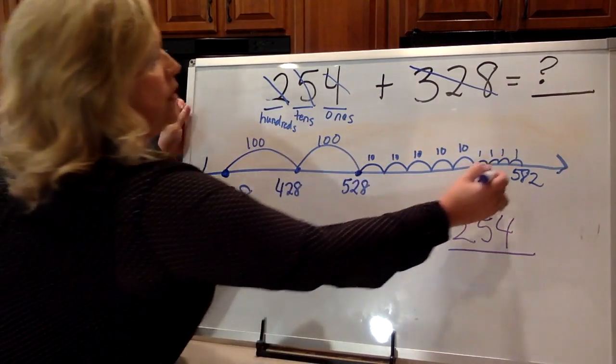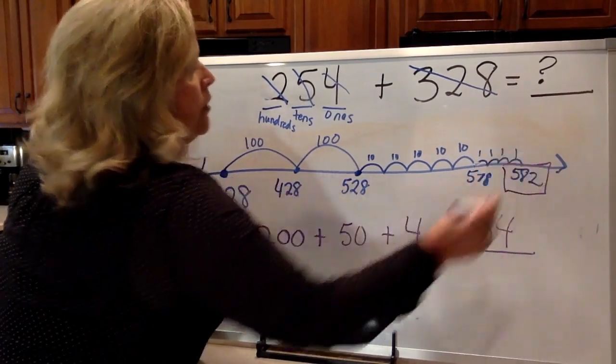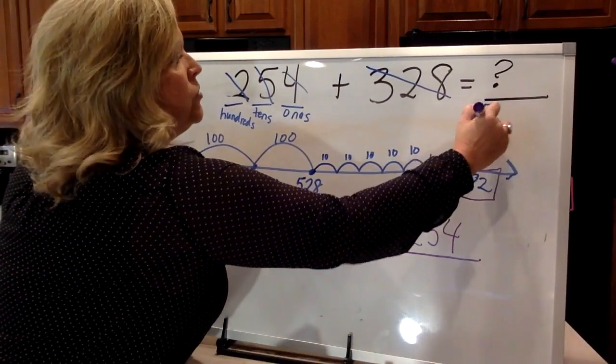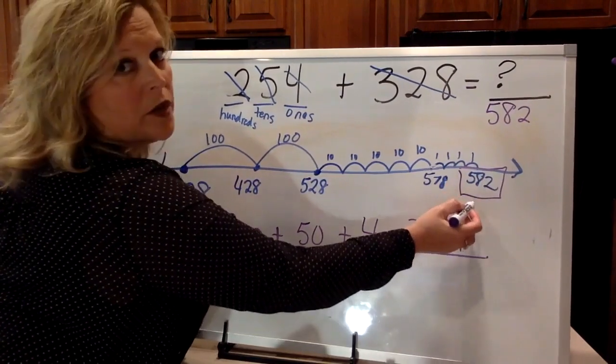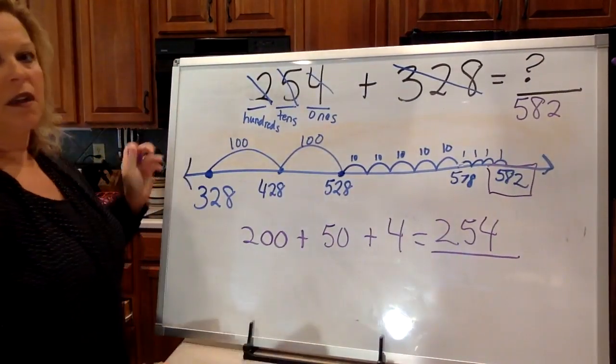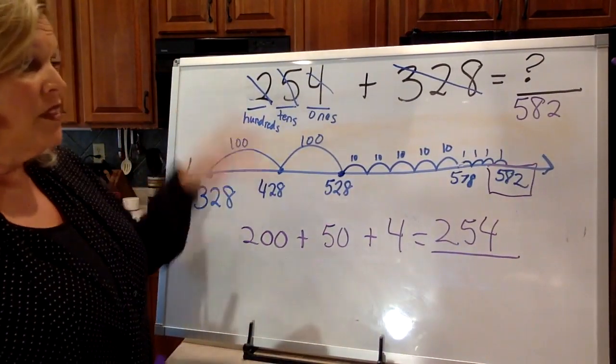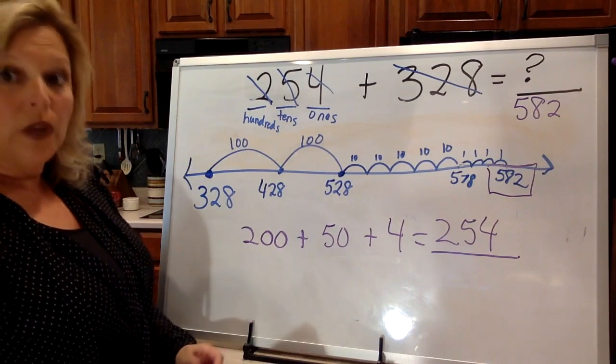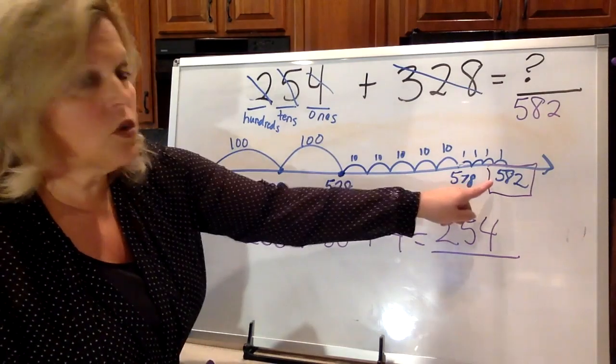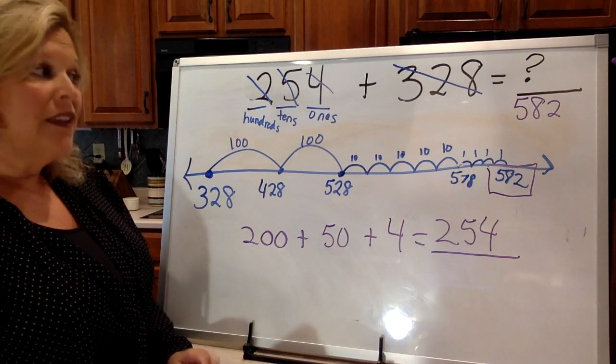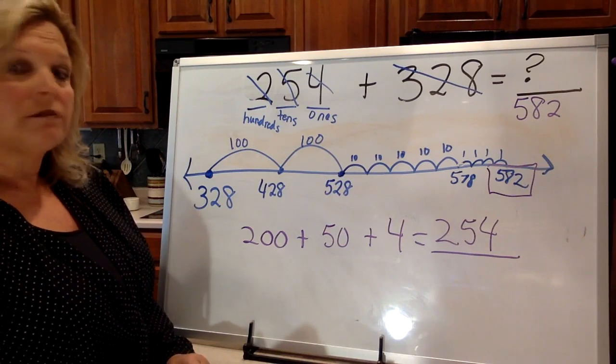So our answer is right here, 582. I put a box around it, an answer box, because a lot of times when you do this much work, it's hard to tell where your answer really is. So you put that square around it so you know exactly where your answer is to your question.